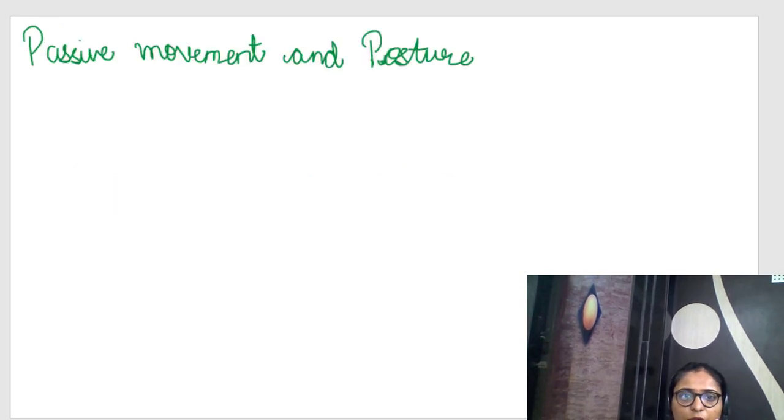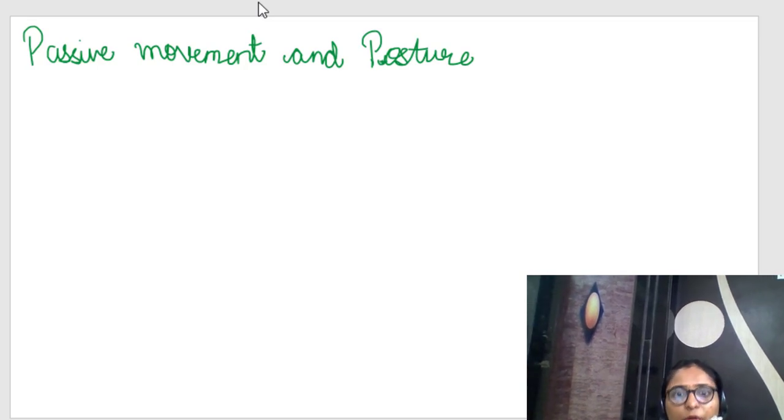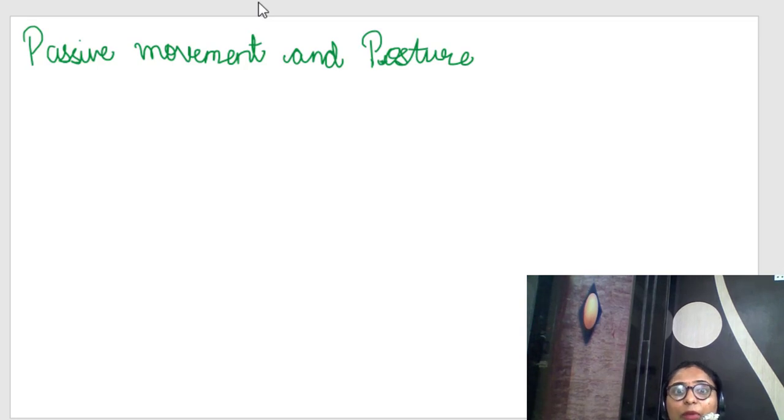And then if we talk about the passive movement and posture, it is again the same, the state of position of the body, that is your posture. And passive movement means your body is at rest, your muscle will not contract, or it is not able to contract, or you are not contracting it on purpose. So there can be many situations.